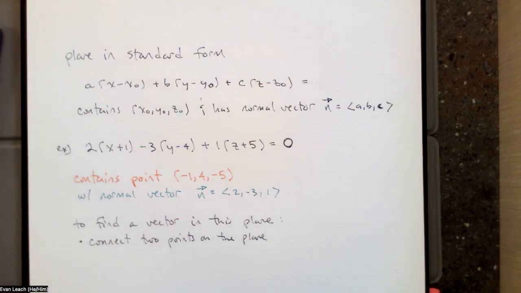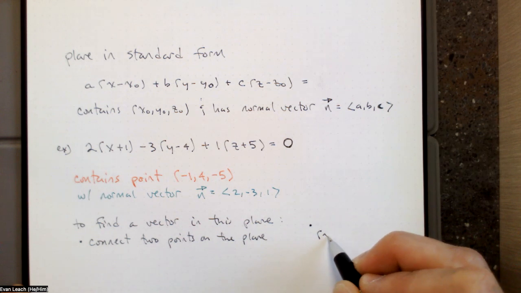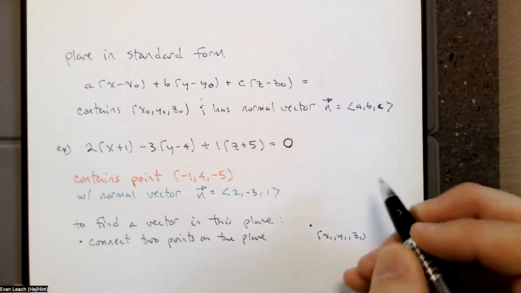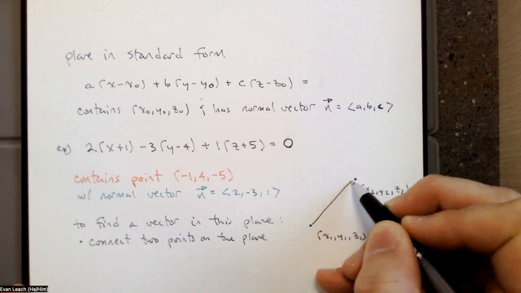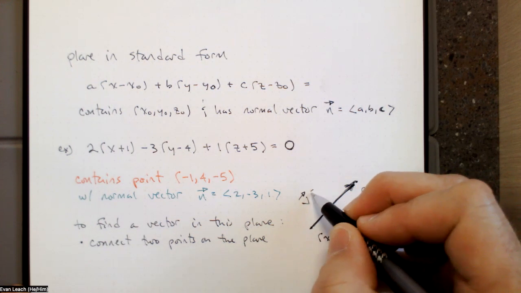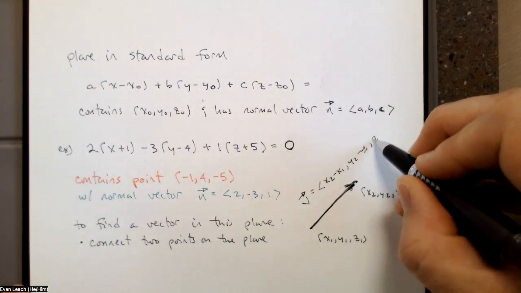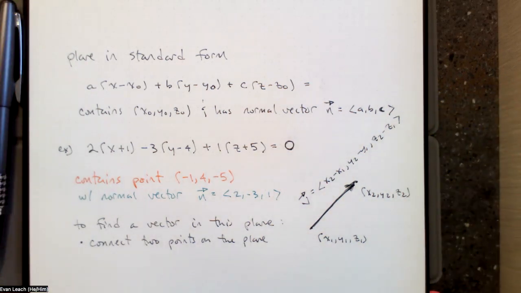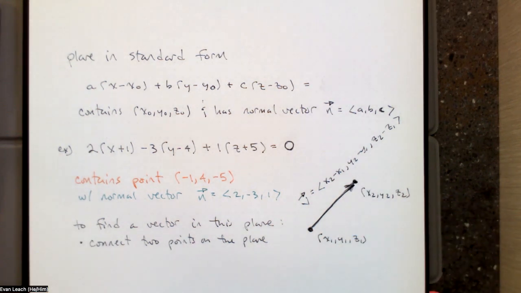One thing that we can do is just connect 2 points on the plane. We find 2 points on the plane and just Google Maps our way from one point to the other by subtracting their components. That will give us a vector sitting in the plane.